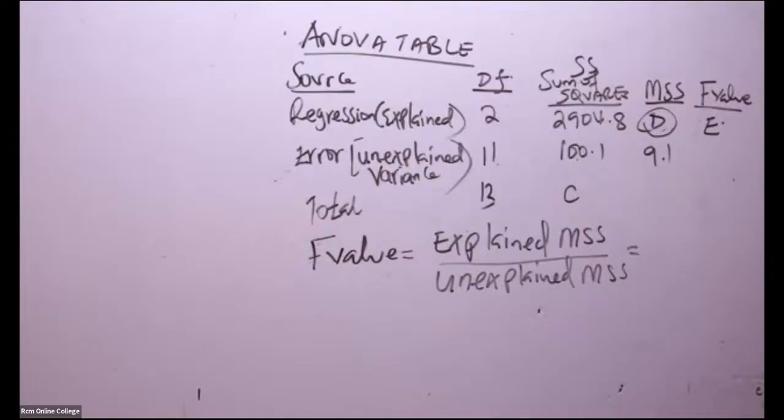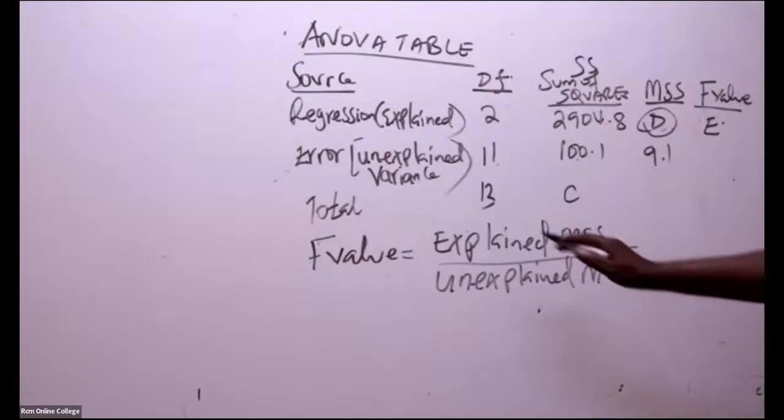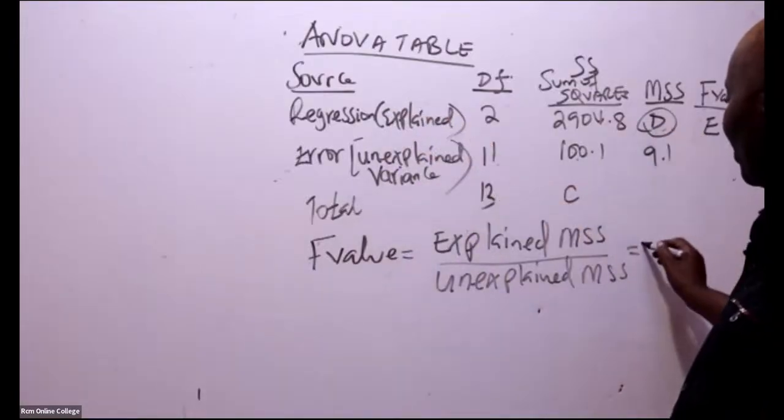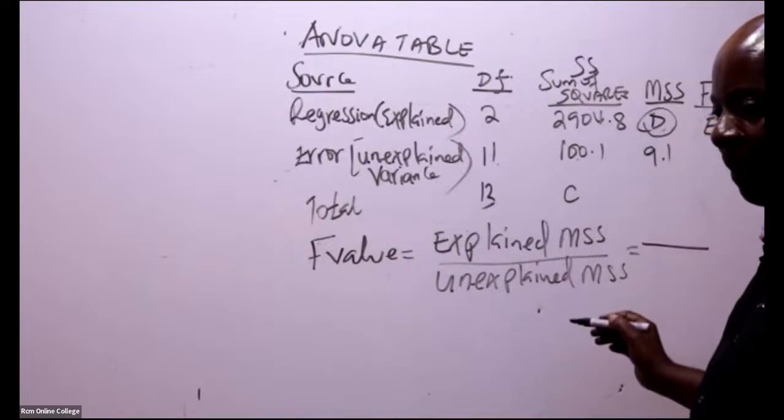So anytime they want us to give them this F ratio or F value, we shall take this regression mean sum of squares, the one that you got here, which I rubbed, unfortunately.